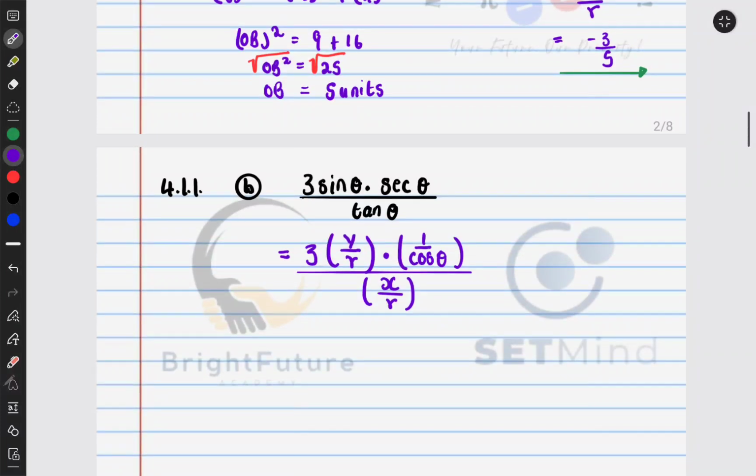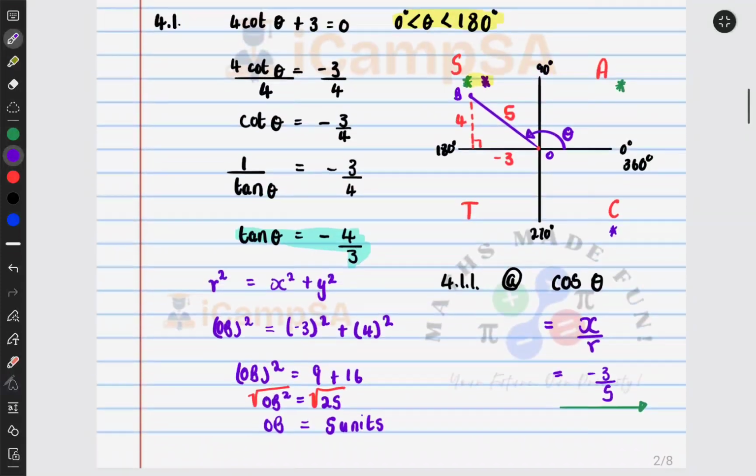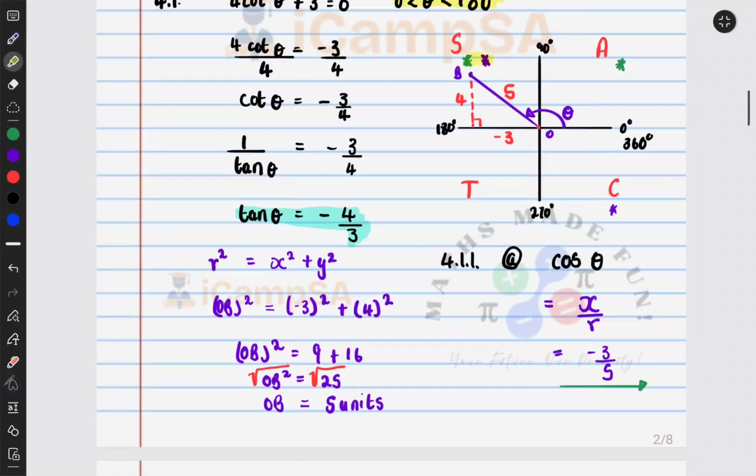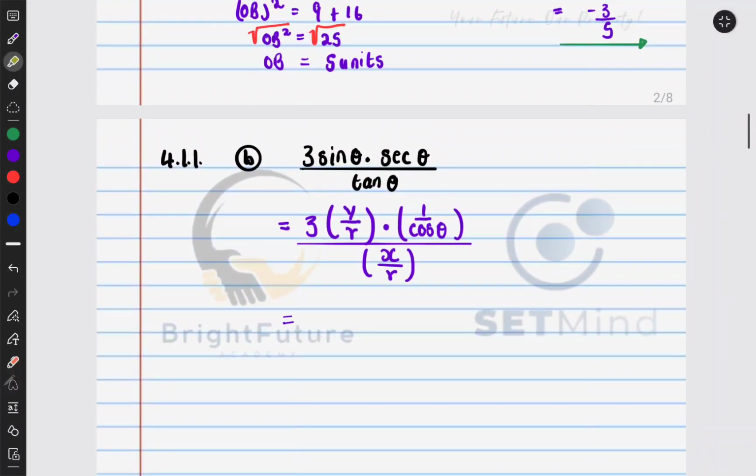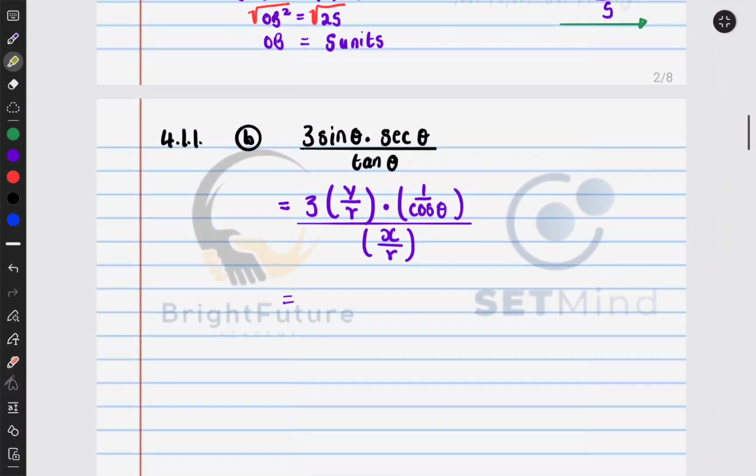And then once we are here, we can substitute the values that we know, but we have already determined that tan theta is -4 over 3. This is the opposite side, which is 4, and this is the adjacent side, which is -3. So tan theta on the bottom part is going to be -4 over 3.